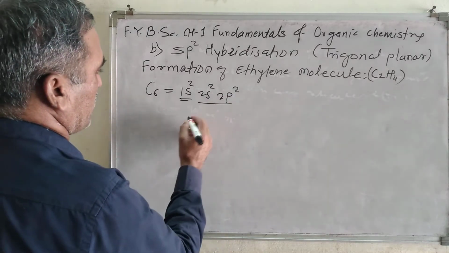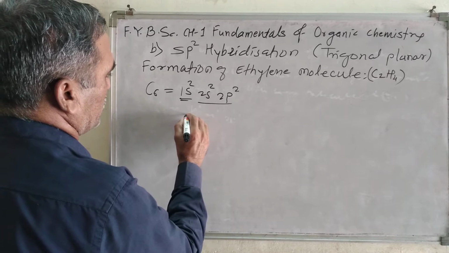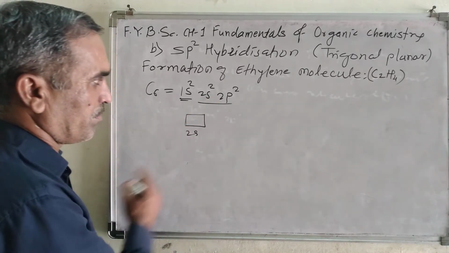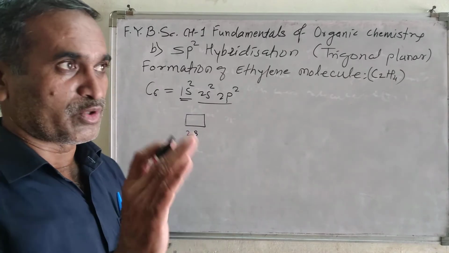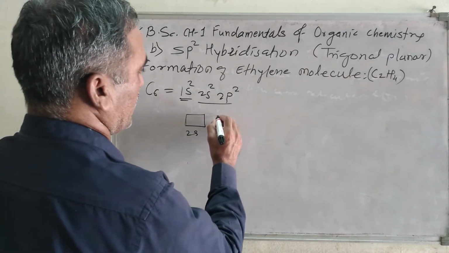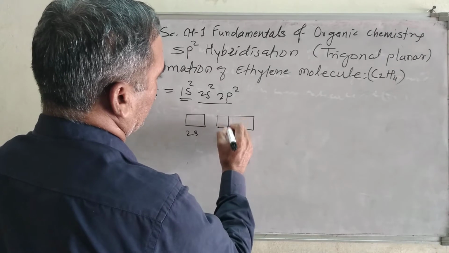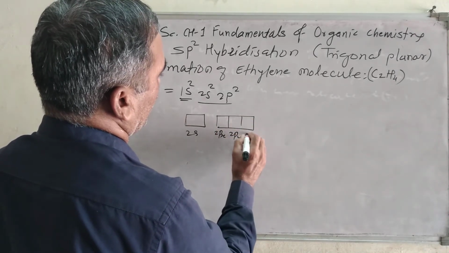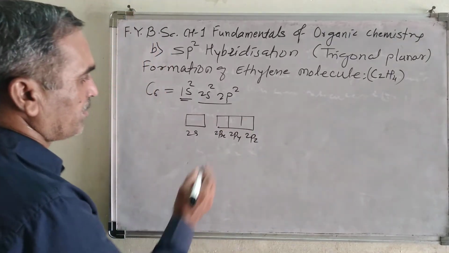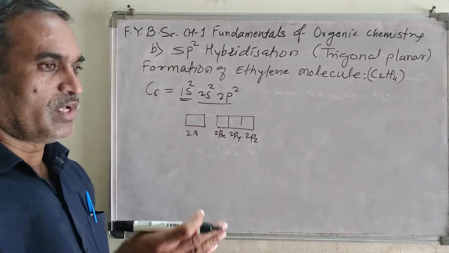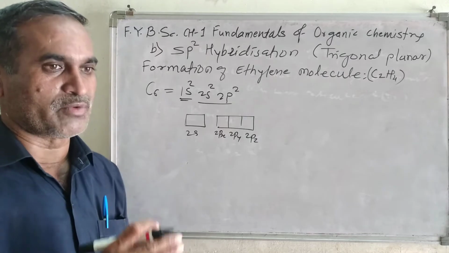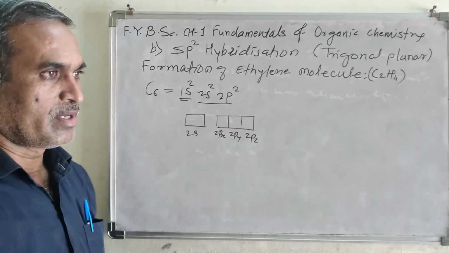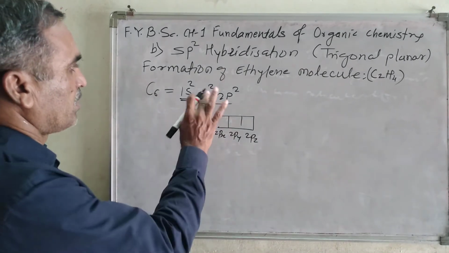Now let us look again. The s orbital has 2 electrons, this is the 2s orbital. For the p orbital, there are 3 subshells: this is 2px, 2py and this is 2pz. Now go on filling the electrons. There is a rule, Hund's rule of maximum multiplicity.